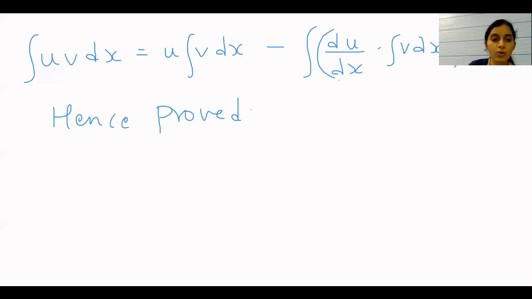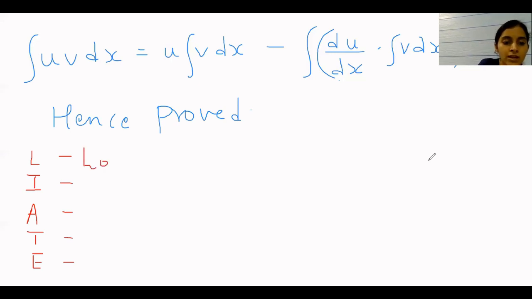Now the problem here will be the types of functions that you come across, so we have a rule for that. It's called the LIATE rule. LIATE is the order in which you decide which function to integrate and which function to differentiate. We are going to use this sequence, LIATE.